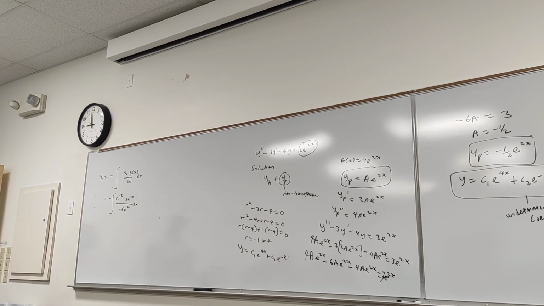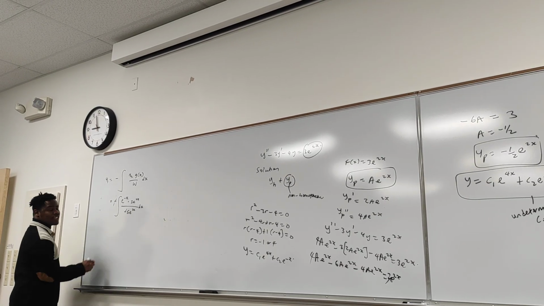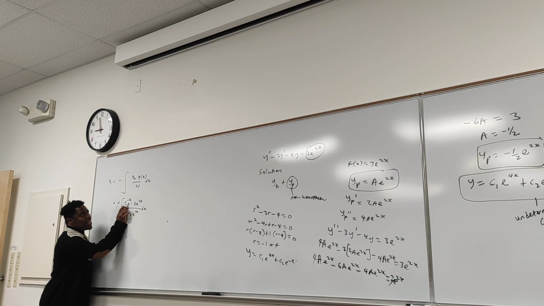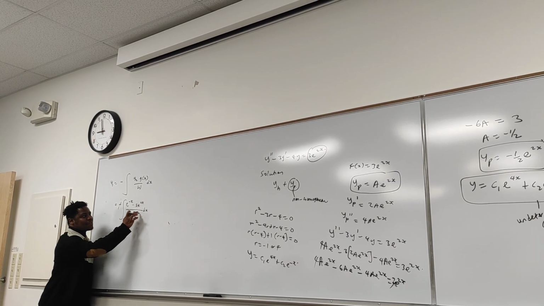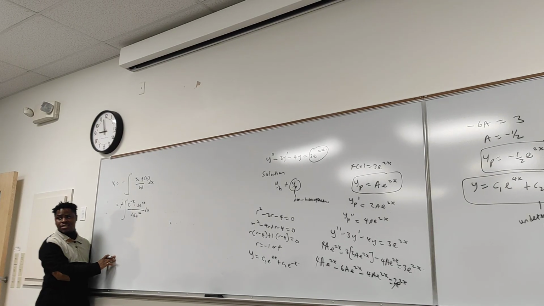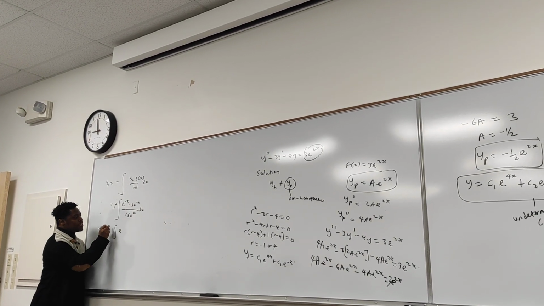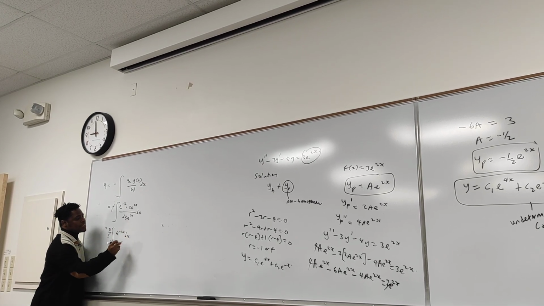You agree with me that this negative can get rid of this negative? And then this is negative x. Negative x plus 2x is x. And x minus 3x is minus 2x. So that becomes integral, you can bring this 3 over 5 out, e negative 2x dx.